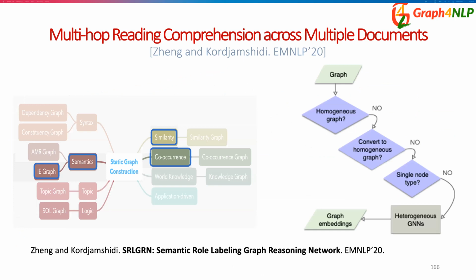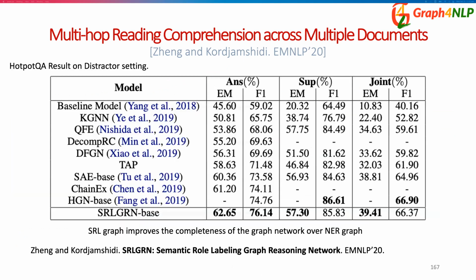Similar to what we have seen before, this also constructs a static graph. So once the graph is constructed, we don't really need to change much. This particular work is evaluated on another dataset called HotpotQA. And you can see here, this new model, compared to the existing work before it was proposed, is much more accurate and improves a lot of aspects of the model.